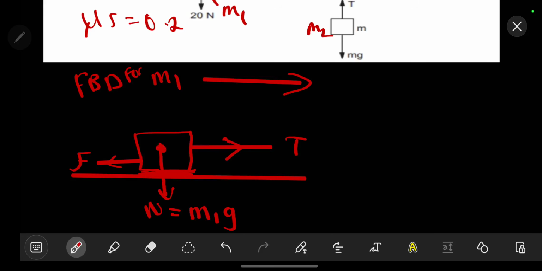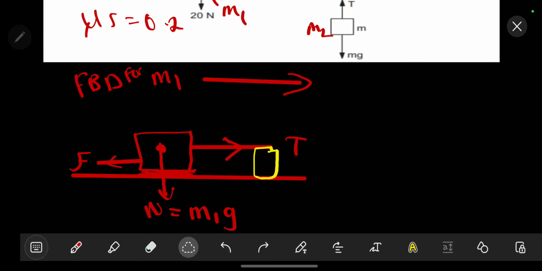Then since this box is not moving inside or outside, it means to say the forces must be balanced. It's not entering inside, it's just fixed at one position.